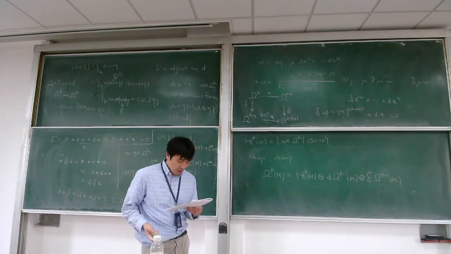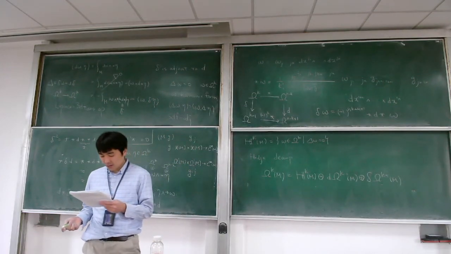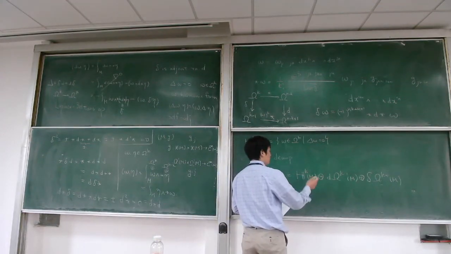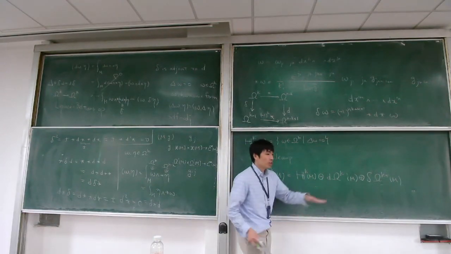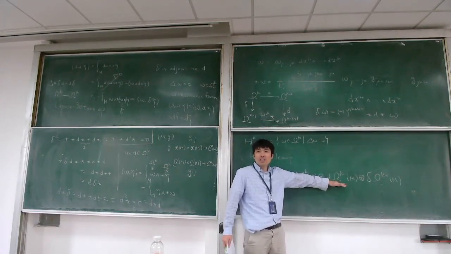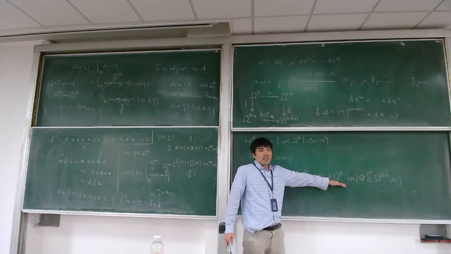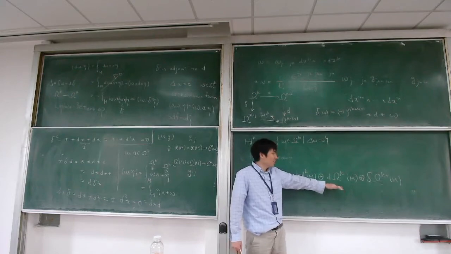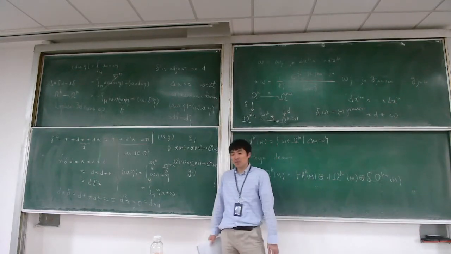So if you're interested in the proof, you can take a look at it. And moreover, as you can easily see from here, what is this called? d omega k minus 1, what is it called?